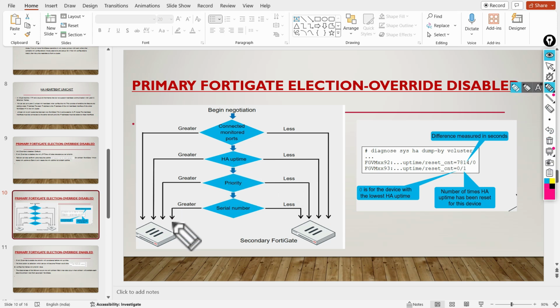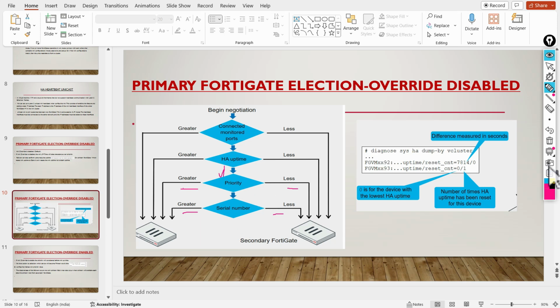Third, if the HA uptime is similar, then the next parameter they check is the priority, who has the higher priority, greater or less. If both are similar, then they will check for the higher serial number. Based on these negotiation parameters, the FortiGate firewall will identify who will become the primary firewall in the HA negotiation.